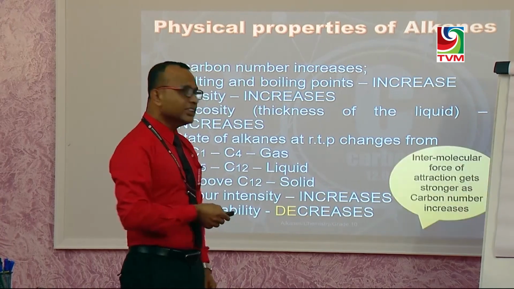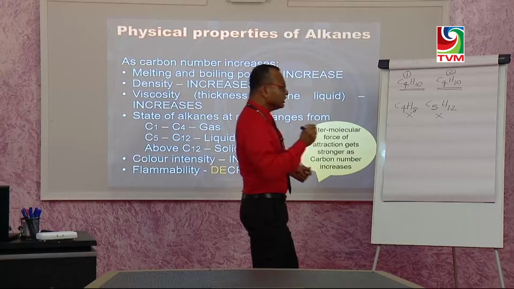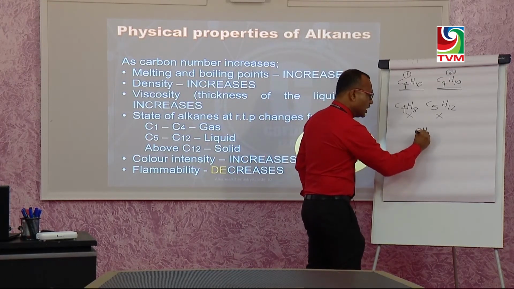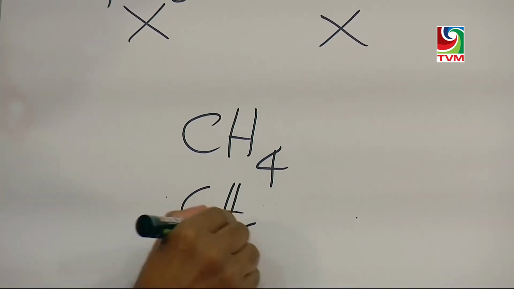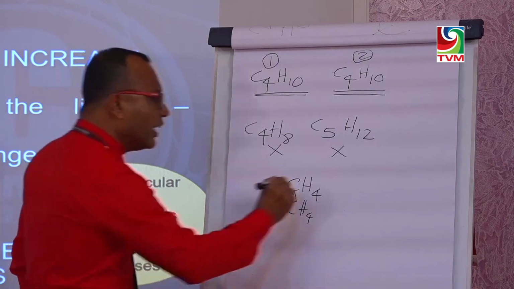If you search for the reason for these trends, you will understand it is really due to the intermolecular forces. What are intermolecular forces? If I take the smallest alkane, CH4, in a mixture, each molecule is attracting towards the other one.